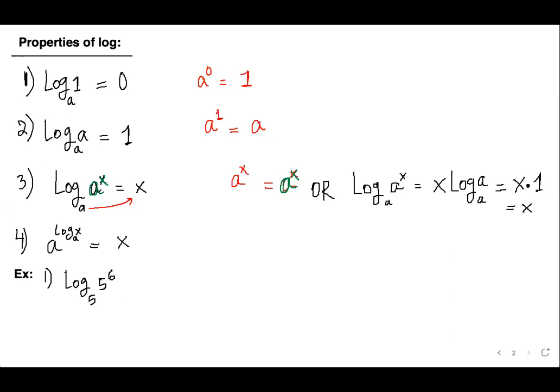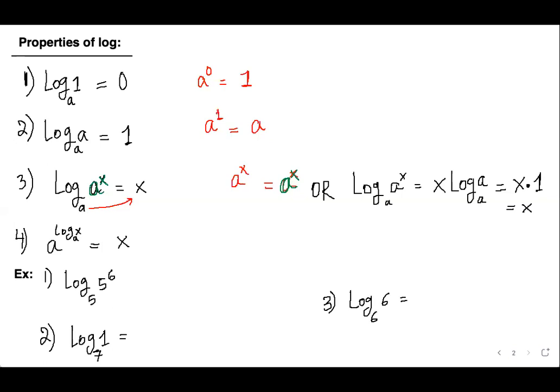Number 2: find the logarithm of 1 to the base 6 or 7. Number 3: find the logarithm of 6 to the base 6.